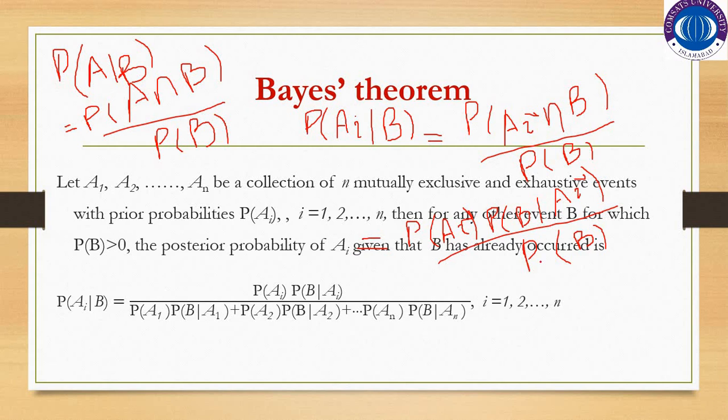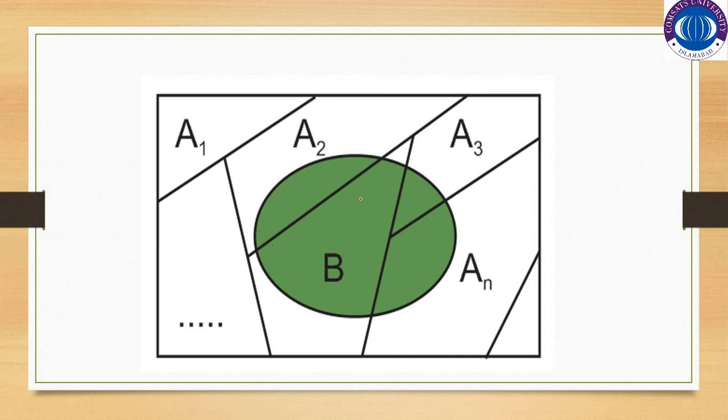So, how can you find the probability of B, as B is coming with the conjunction of any of the AIs?